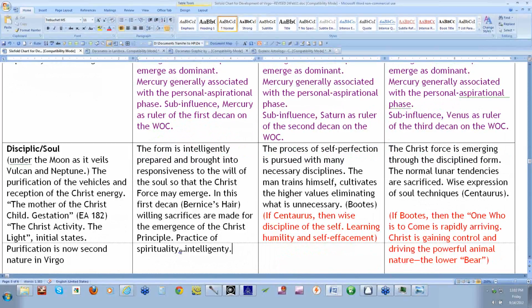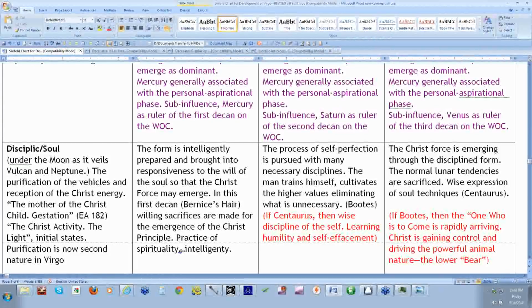Now here the disciple in the Saturn decanate, remember he's in a largely spiritual will, Vulcan stage where he's longing for the Christ under Neptune. And all of this is taking place within his personal nature ruled by the moon.